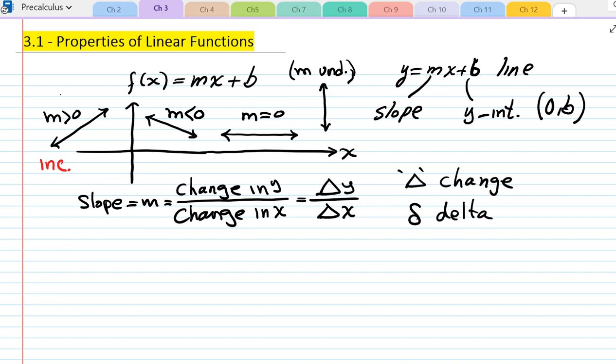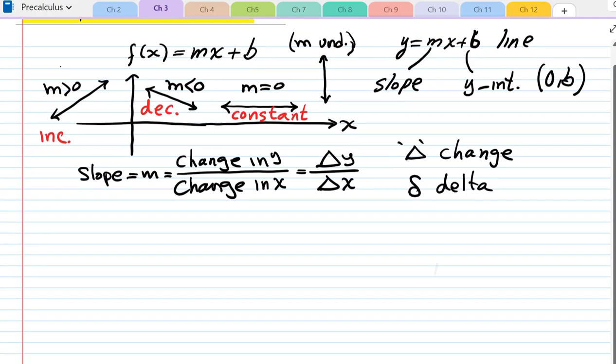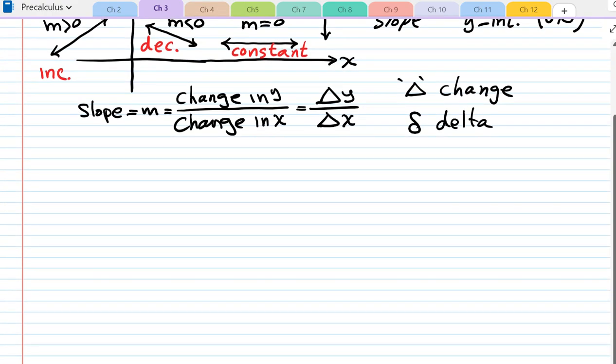So we can actually write that one as well. And if the slope of the line is 0, the function is neither increasing nor decreasing, right? That's where we have a constant function. So I'm just going to put decreasing, and this one is going to be constant.